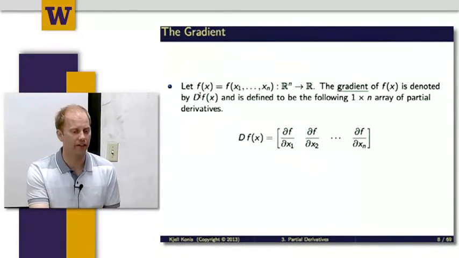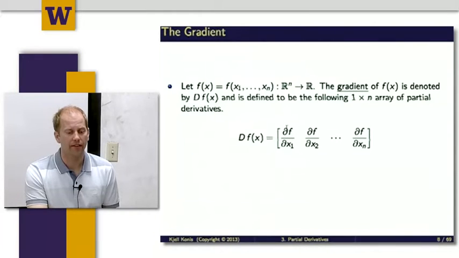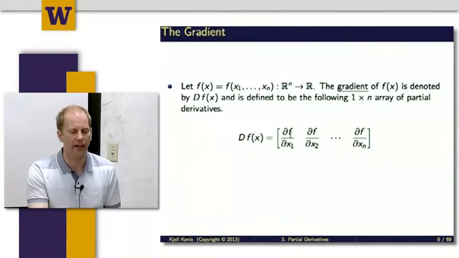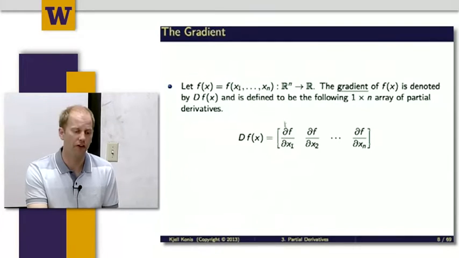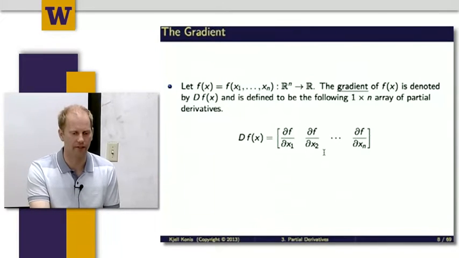It's an operator, so it means take the gradient of the function f of x. And the gradient is just going to be an array of the partial derivatives of f of x. So each one of these elements of the array, partial f, partial x1, that's a function of n variables. Partial f, partial x2, that's also a function of n variables.